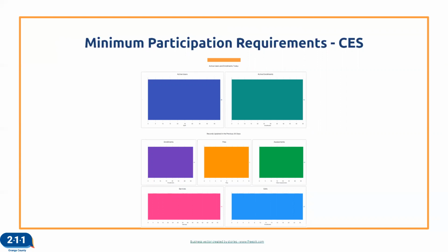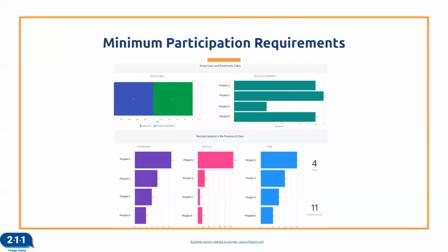And so for our review, I'll go back here, for example, we're looking at, for each agency, if they have any active enrollments. So it could be possible that under their own agency, they have no active enrollments because they're only participating in coordinated entry.